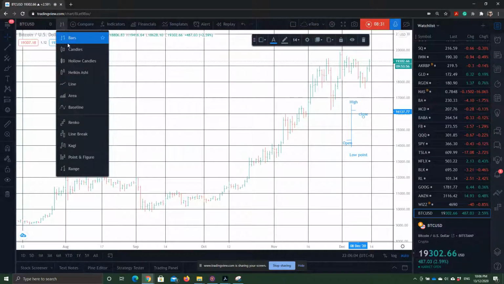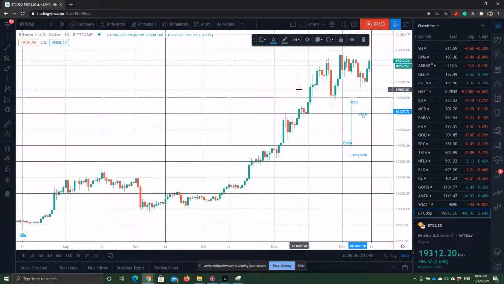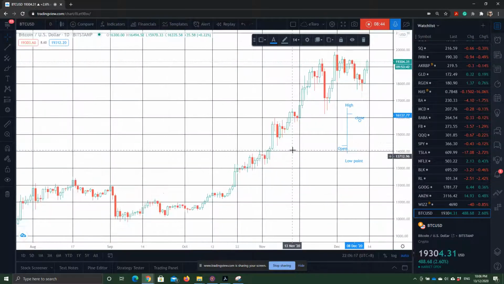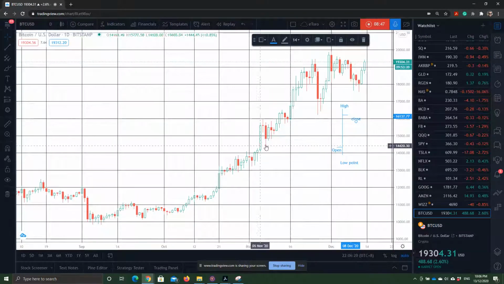Another type of chart is candles. We have candlestick, which is very popular, and also the hollow candles, as you can see. Hollow candles are the traditional candlestick chart, where normally when the closing price is more than the opening price, the candle is drawn as hollow.